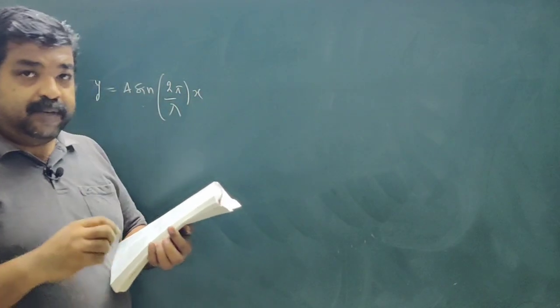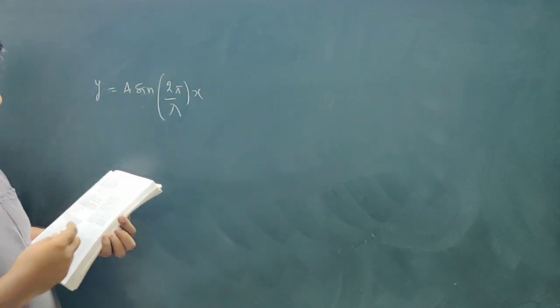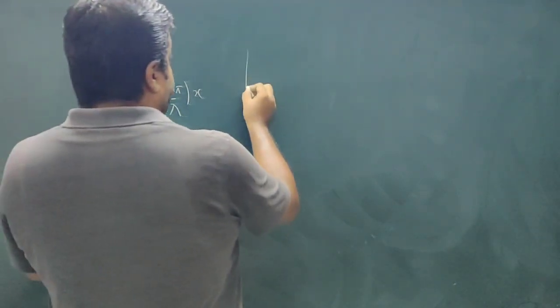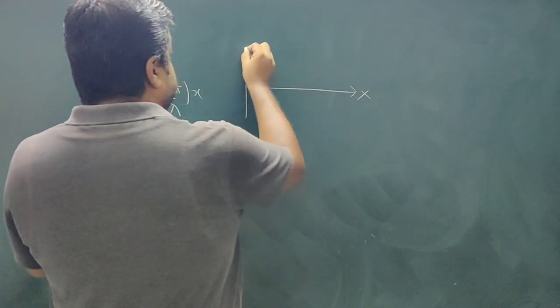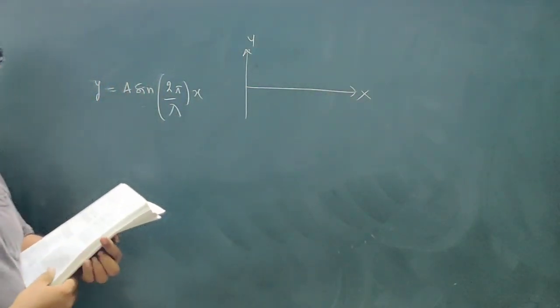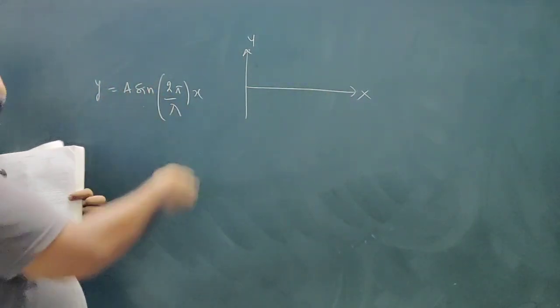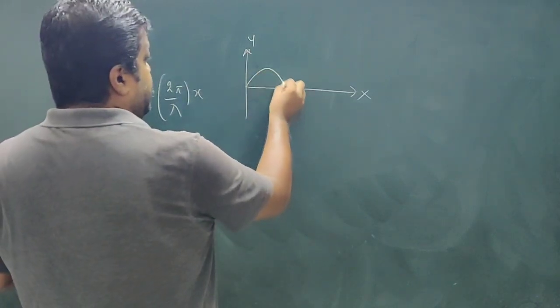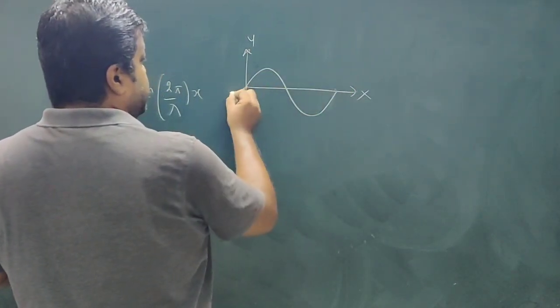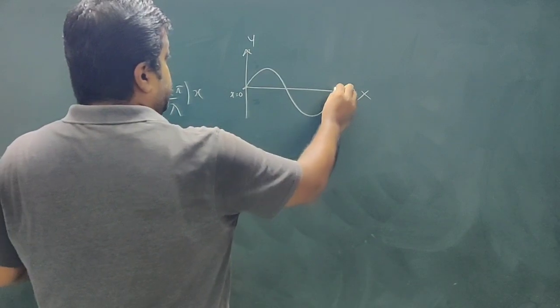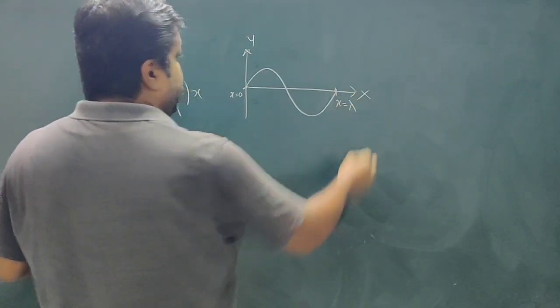So this wire is kept along this curve in the XY plane. This is the x-axis, this is the y-axis. The curve is like this. This is x equal to 0, this is x equal to lambda.